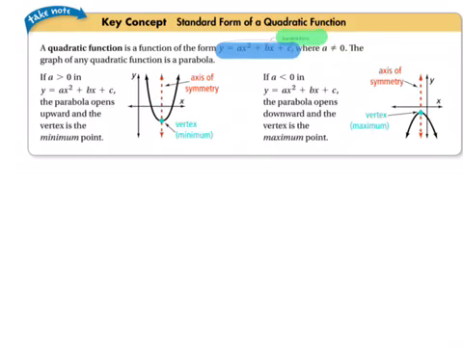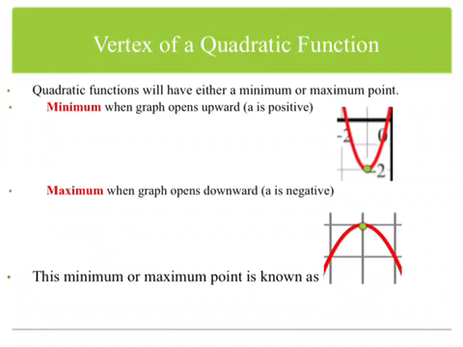If your a term is positive, your parabola is going to open upwards. If your a term is negative, it's going to open downwards, like an N. Please be aware of what the vertex is and what the axis of symmetry is. When graphed, quadratic functions will have either a minimum point or a maximum point.